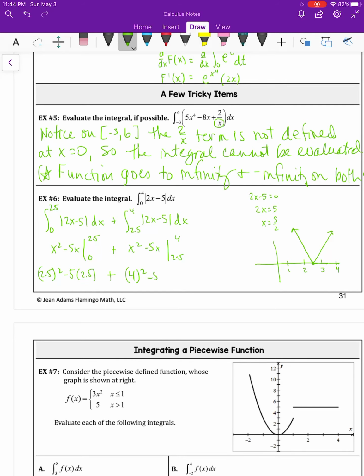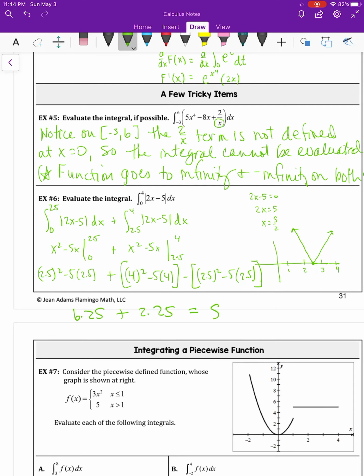And we've got 2.5 squared minus 5 times 2.5, and then if I put 0 in, I'm just going to get 0, plus, and this one's going to be 4 squared minus 5 times 4, that minus my 2.5 squared minus 5 times 2.5.